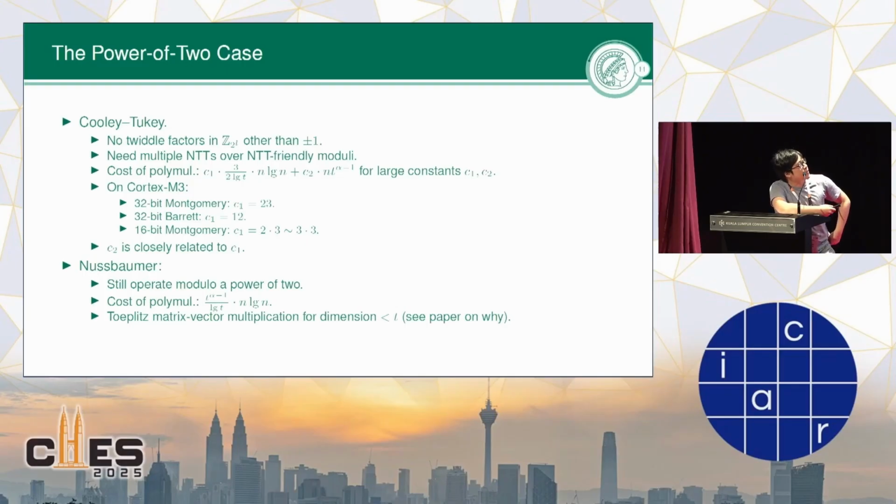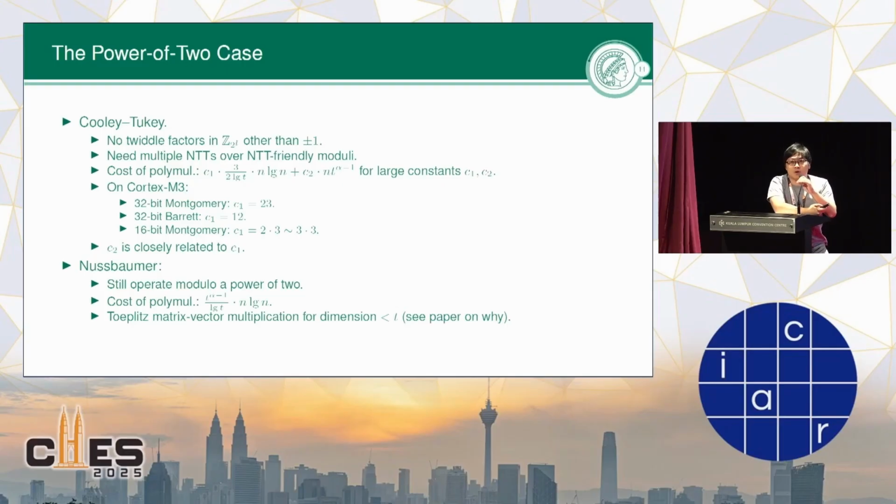So on our platform, Cortex-M3, those constants are more like 23 if we apply 32-bit Montgomery multiplication, 12 if we apply our generalization of Barrett multiplication, and 6 to 9 if we apply multiple 16-bit NTT approaches.